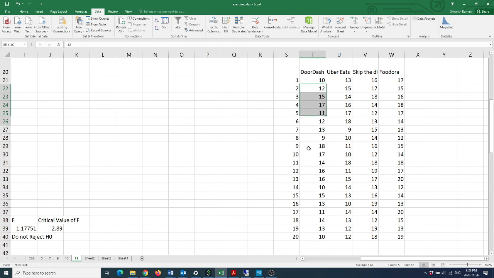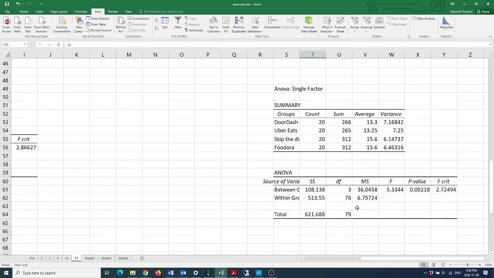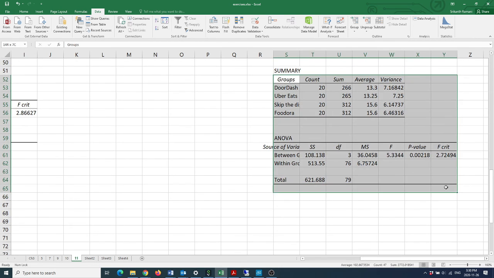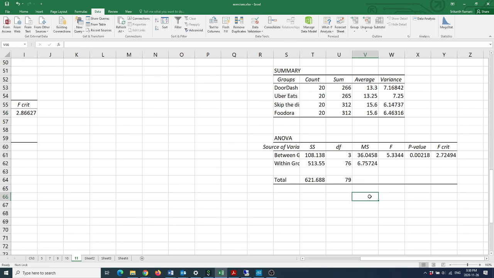And based on eyeballing, you could kind of tell that there are more values closer to 20 for the last two rather than the first two. And then you could narrow down your question if you want to look at the difference between DoorDash and Skip the Dishes or DoorDash and Foodora. You could go ahead and perform a t-test for these sort of samples. And that will be the next video, in fact.